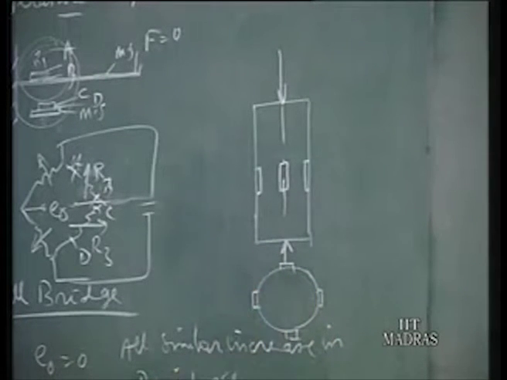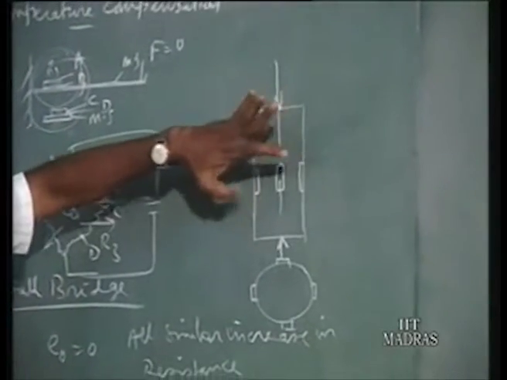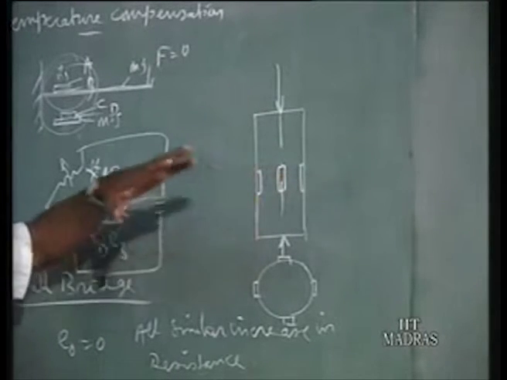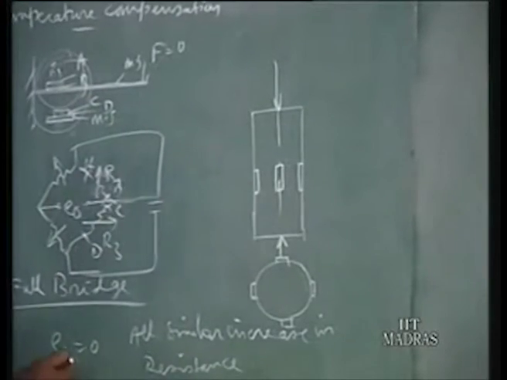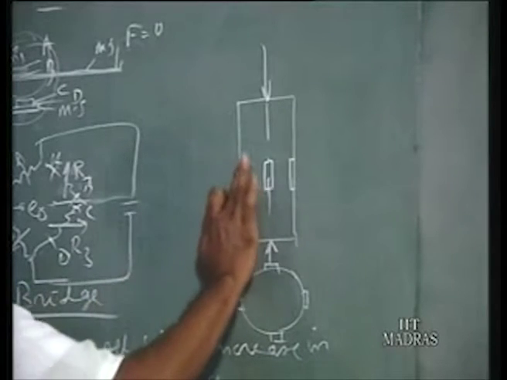If all the 4 are connected axially, then for this compressive or tensile load, all the 4 are equally strained or stressed, that means resistance will change equally, in the same direction and by the same amount. In that case EO is 0, we know.